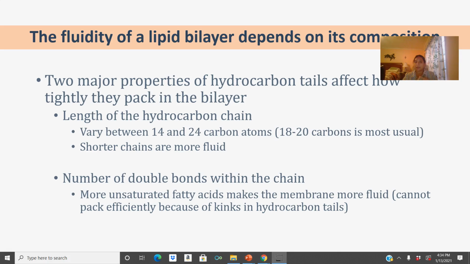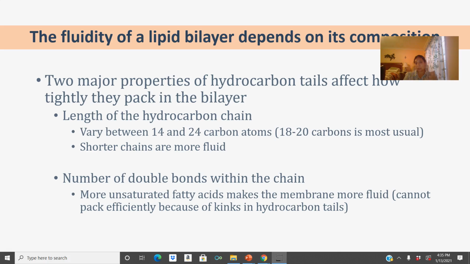One is the length of the hydrocarbon chain themselves. That length can vary from 14 to 24 carbon atoms. Usually it goes between 16 to 20, 18 to 20, something like that. Shorter chains are going to be a lot more fluid, will have a lot more freedom of movement in many ways than longer tails. The longer they get, the less mobile they are.